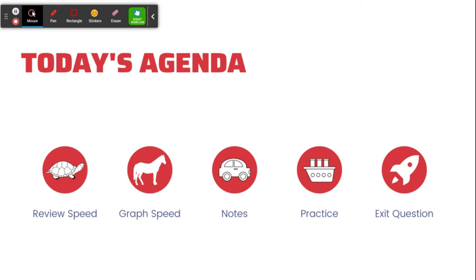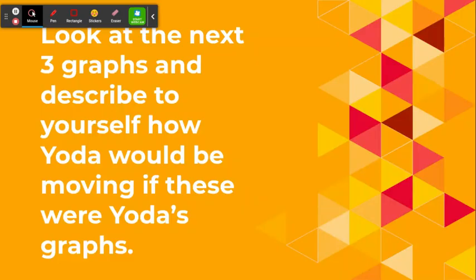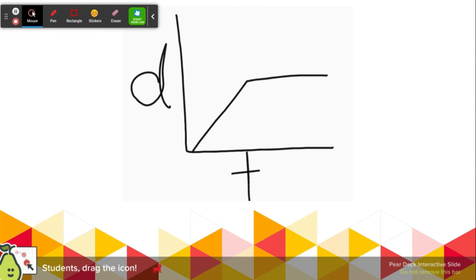Lastly, here are some graphs to practice on. The first graph shows a sloped line and a flat line. Take a minute and think about how Yoda would be moving.